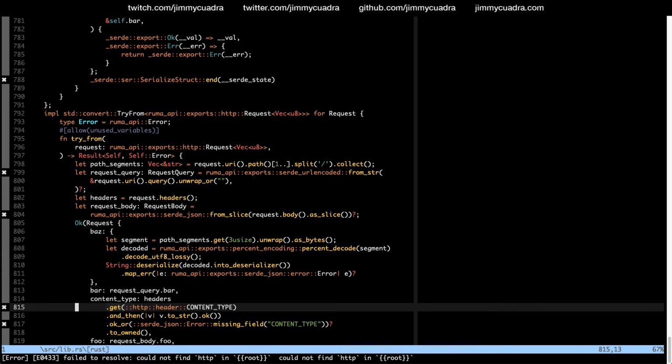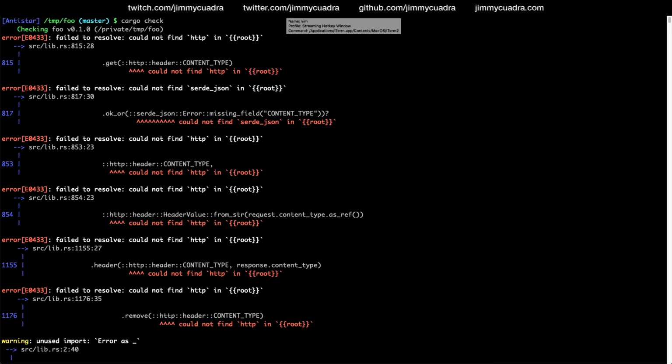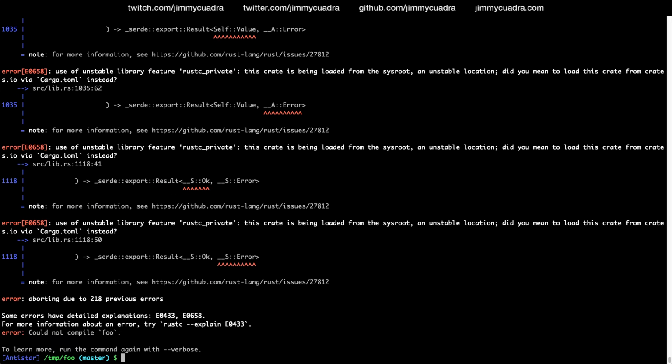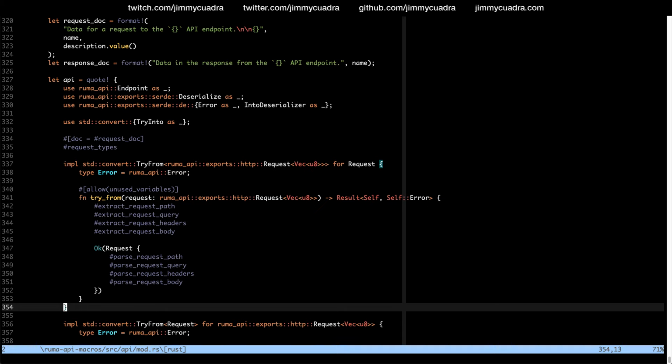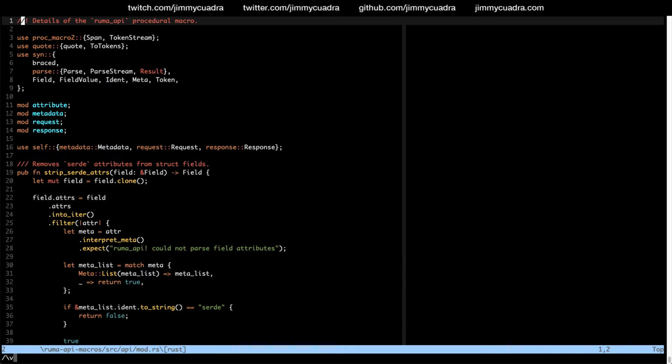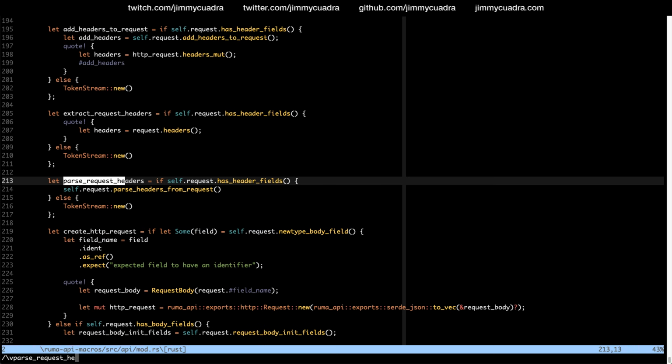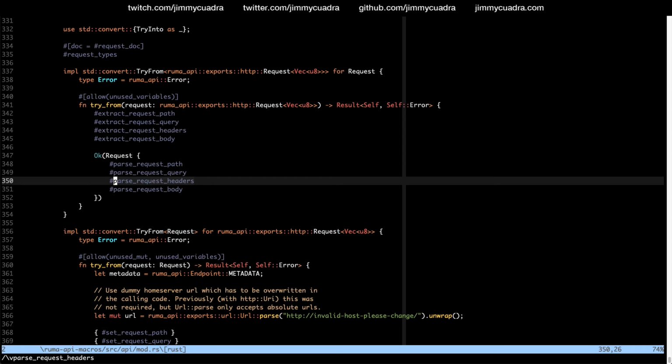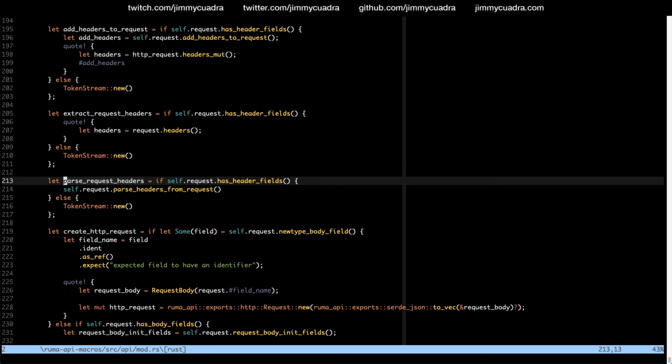Oh, these two are both wrong. Content type headers. So this comes from parse request headers. Let's see, parse request headers. Has header fields. Oh, yeah.